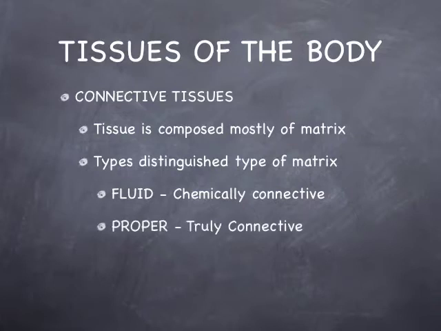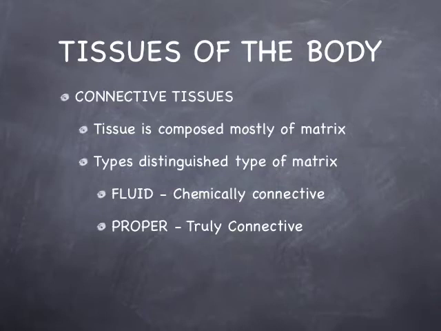So, now you'll notice there's also a proper type. If you think of the word proper, if somebody says proper, what does that mean? If you do something in the proper way, you do it in the correct way or the right way. And this is making reference to the term connective.